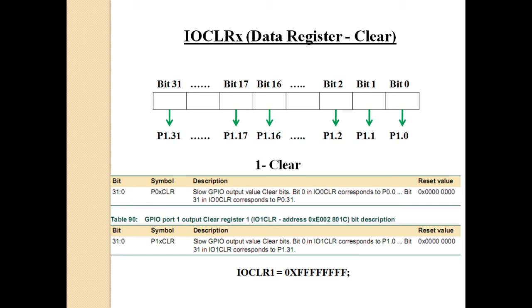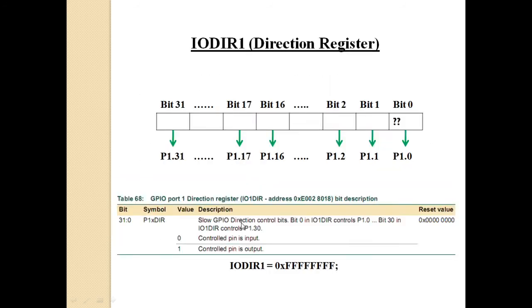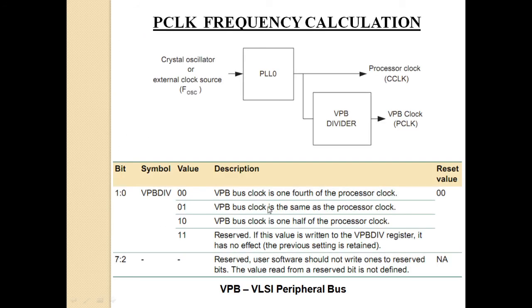What will be the time taken for each cycle? How will you calculate that? You are configuring a peripheral known as GPIO. I told you all the peripherals are connected to the VPB bus, and the VPB clock, the PCLK, I have configured as 15 megahertz, that is 1 by 4th of CCLK.